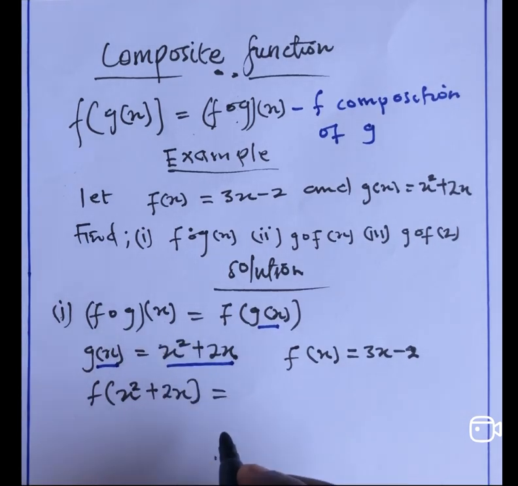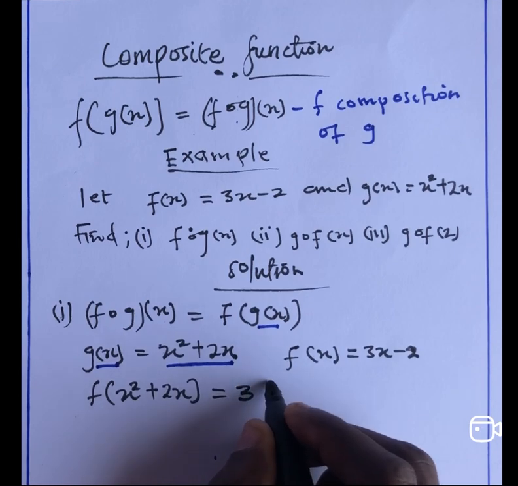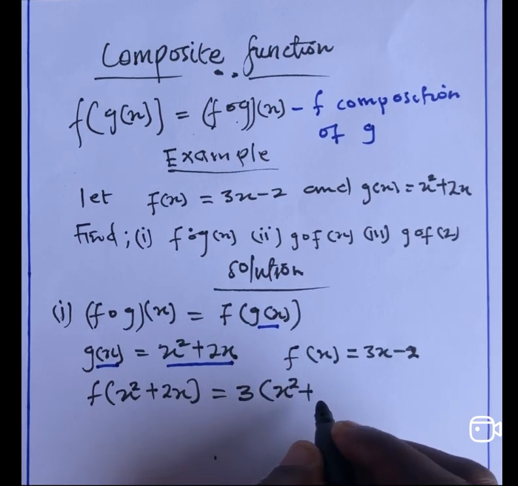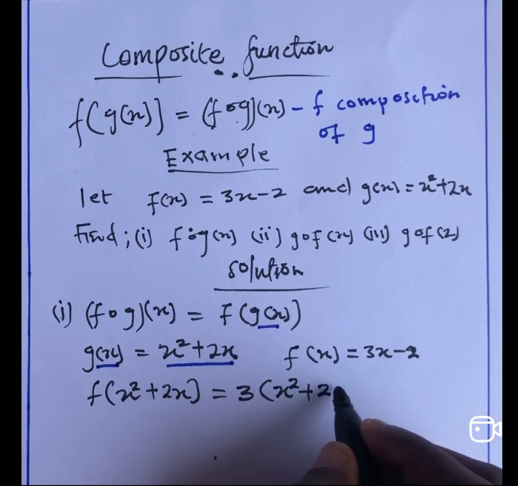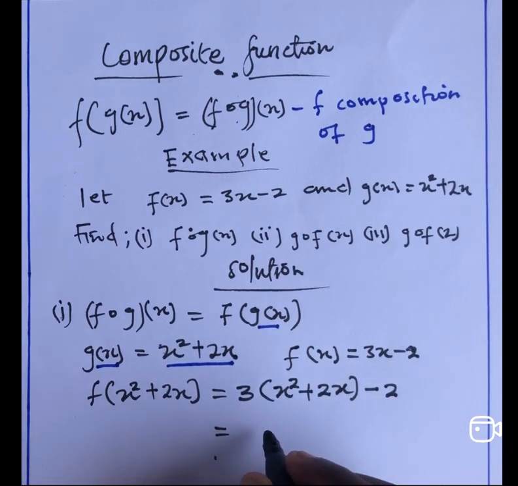So when I come to this side, now my function is going to be 3 bracket open x squared plus 2x, minus this 2. So I'll be having 3 x squared.